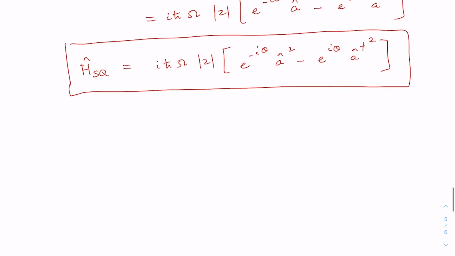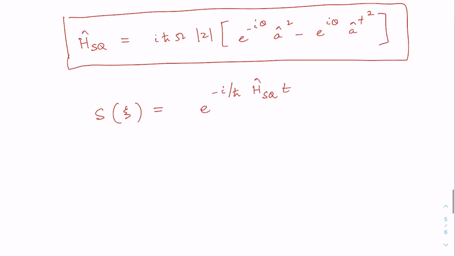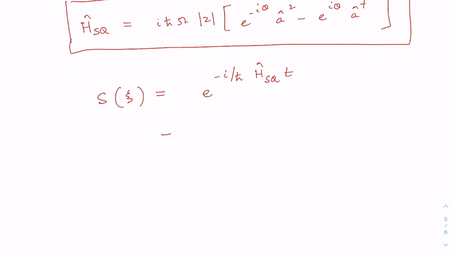Okay, now what about the squeezing operator? So the squeezing operator would be simply e to the power minus i by h cross H_sq t. Alright, this you can verify, but let me just simplify it. It is exponential omega mod z t, e to the power minus i theta a square minus e to the power i theta a dagger square.